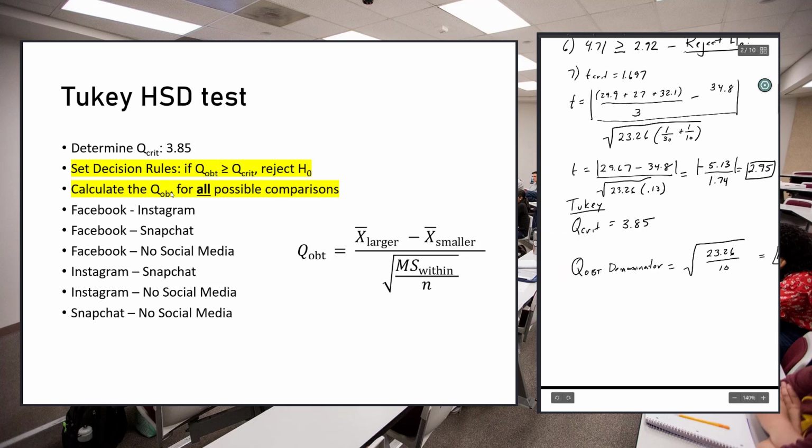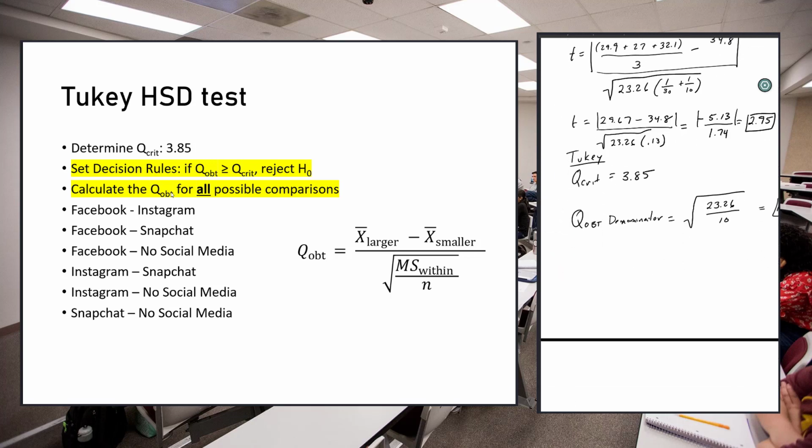So we are going to have Facebook versus Instagram, Facebook versus Snapchat, Facebook versus no social media, Instagram versus Snapchat, Instagram versus no social media, and Snapchat versus no social media.